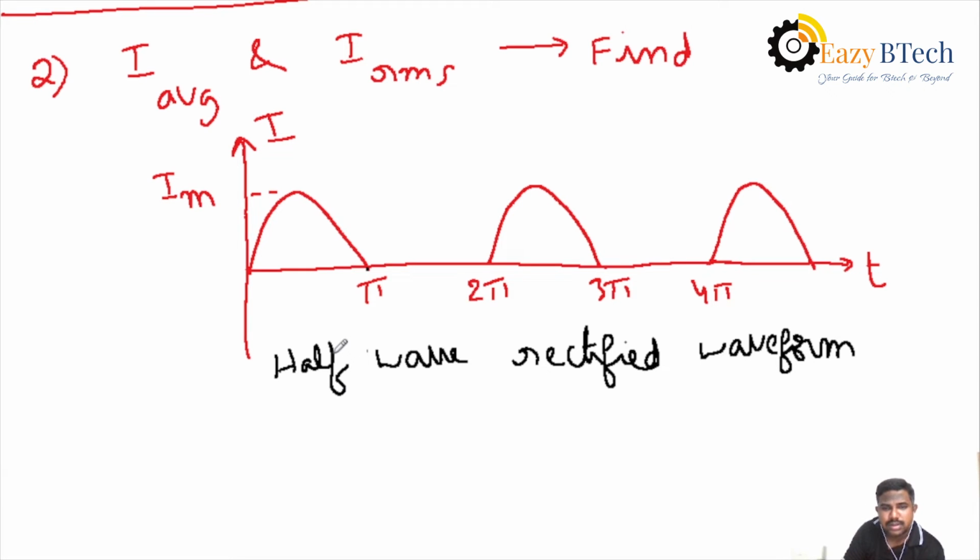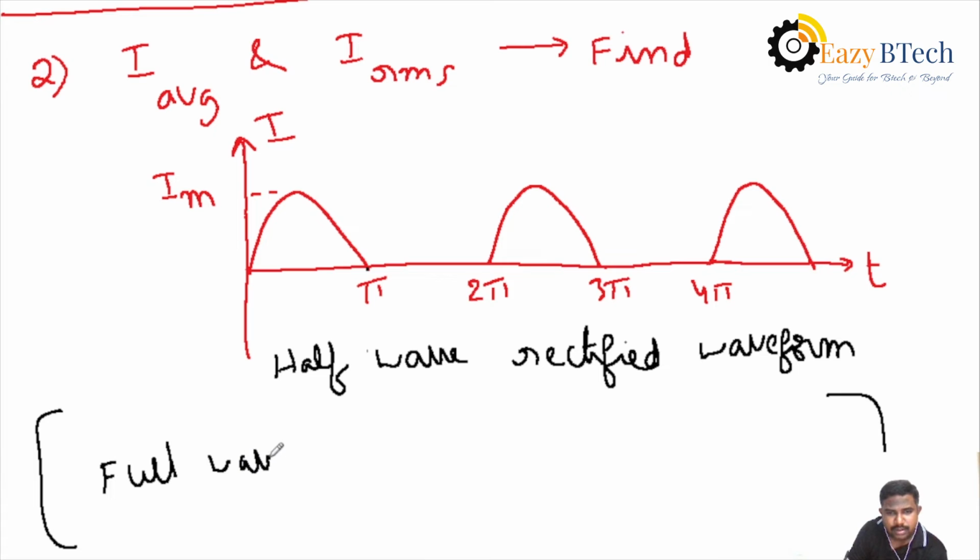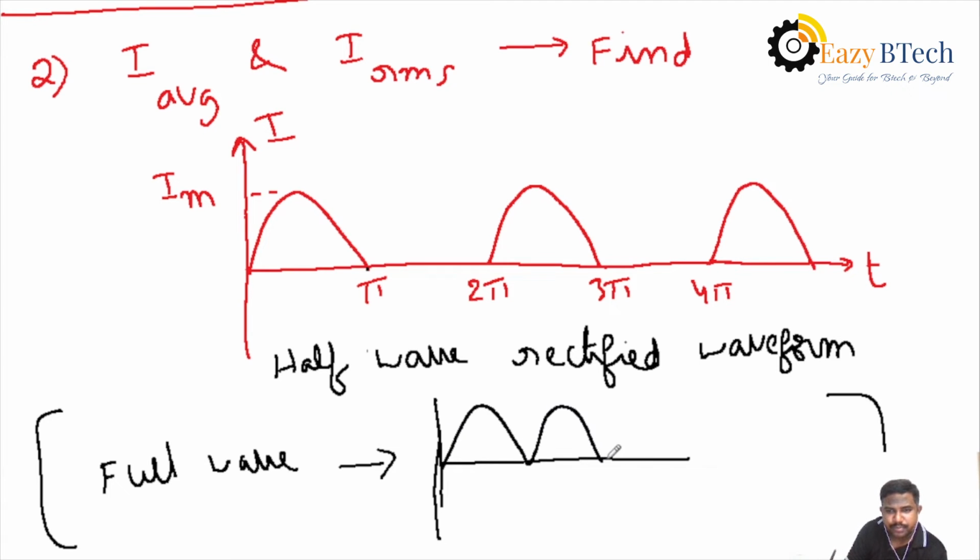Full wave rectifier output is nothing but the sinusoidal waveform with all peaks positive. This is called the full wave rectifier.